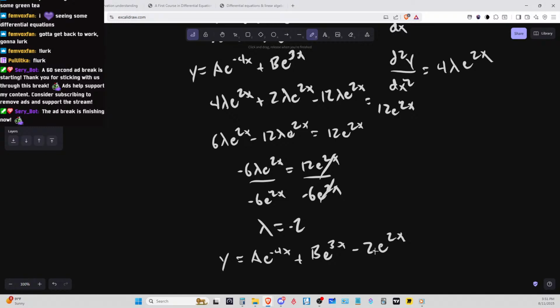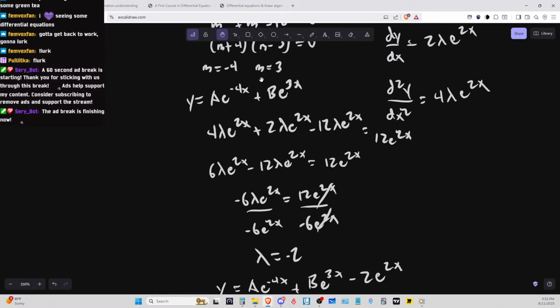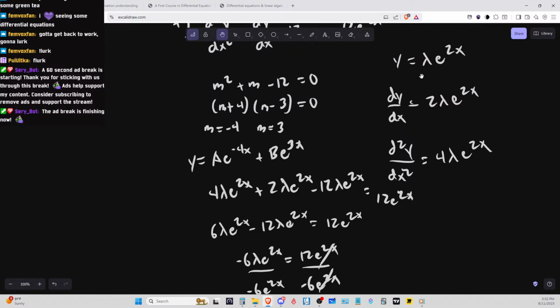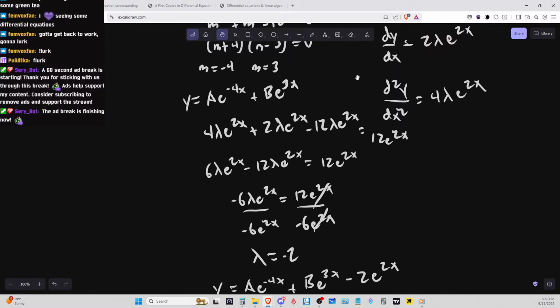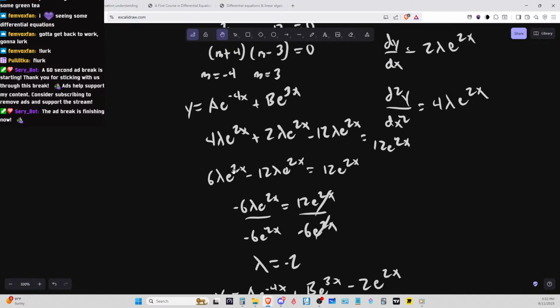Yeah. And I believe that is it. Oh, we have a 2 here, so. Oh no, we have a lambda here. Okay, okay. I almost psyched myself out. So I just want to make sure that we did this correctly.